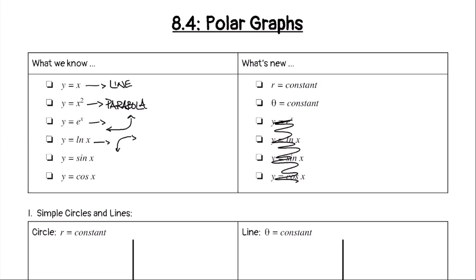What about sine and cosine? What do those graphs look like? I know they look very similar, but maybe tell me some key differences between those two. Which one goes through the origin, sine or cosine?